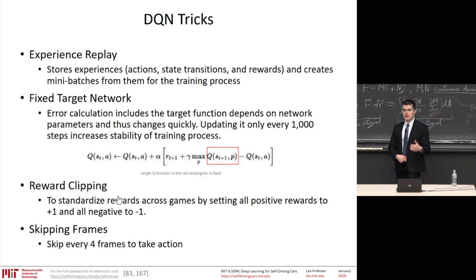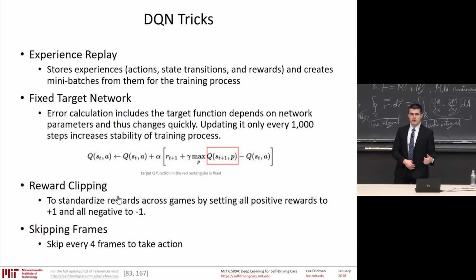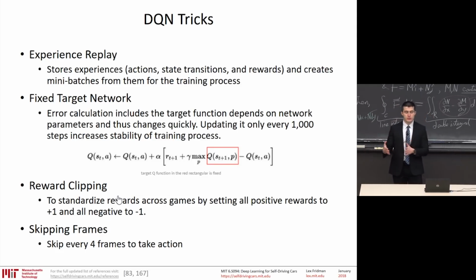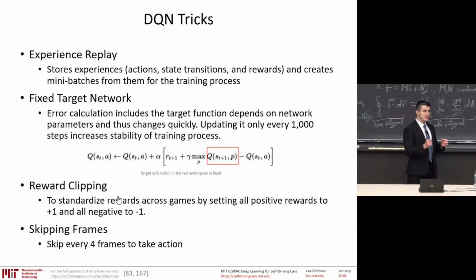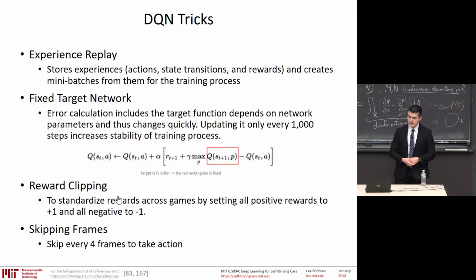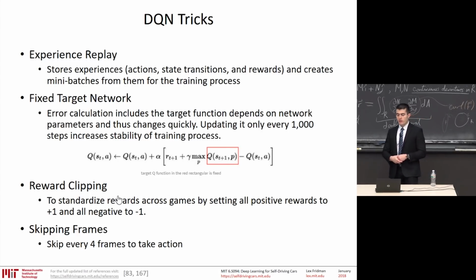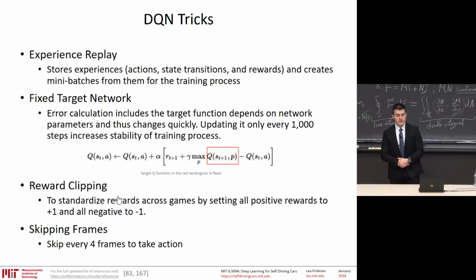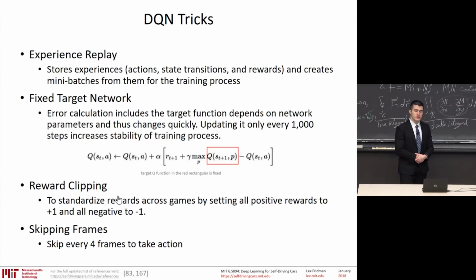So you're not always training on the natural continuous evolution of the system. You're training on randomly picked batches of those experiences. That's a huge, it seems like a subtle trick, but it's a really important one. So the system doesn't overfit a particular evolution of the game, of the simulation.